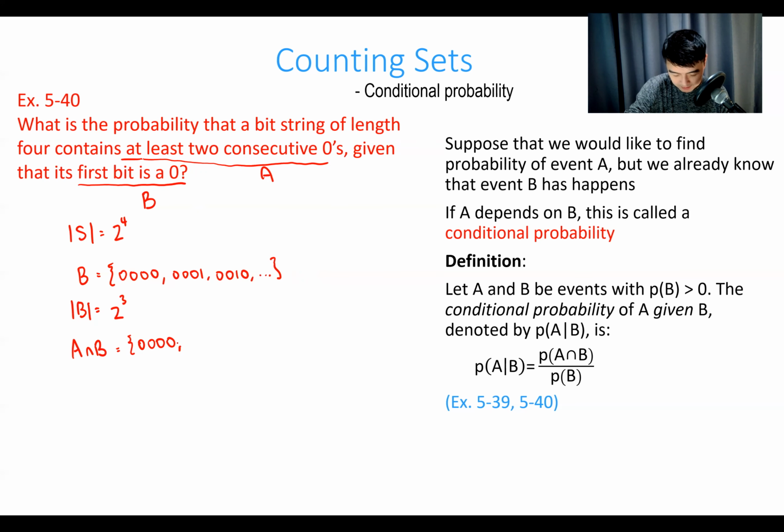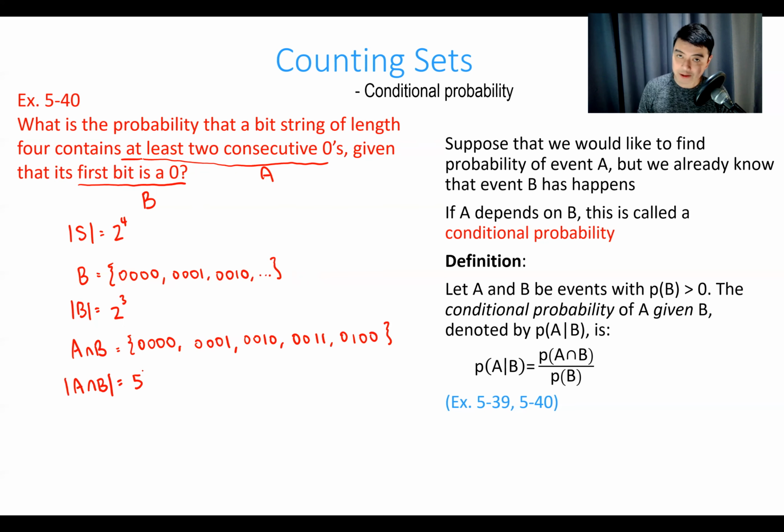That's one of them. 0, 0, 0, 1 is definitely another. 0, 0, 1, 0, 0, 0, 1, 1, and 0, 1, 0, 0. I think those are all of them, so correct me if I'm wrong. The size of A intersect B looks like it is 5.